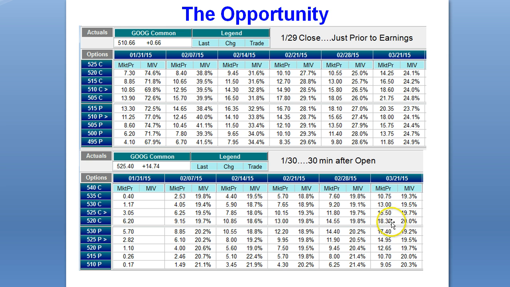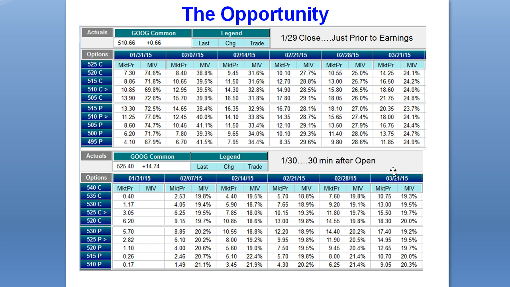So that's what the idea here is, that we want to sell premium in the more front end of this matrix, because the short premium over here is going to benefit greatly by the huge drop in implied volatility, whereas the long premium way out here in the distant months should hold its own.